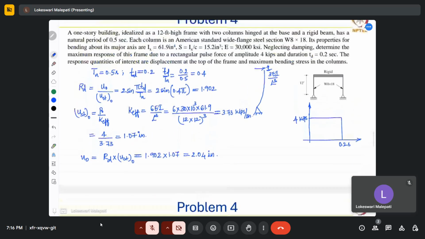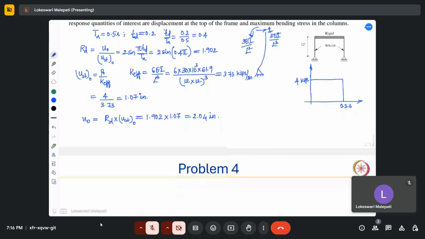So in this case, when a unit displacement is applied, there would be an anti-clockwise moment generated with a magnitude of 3EI by L square. This is for unit displacement. For a displacement of some value, that would be 3EI by L square multiplied by the displacement.